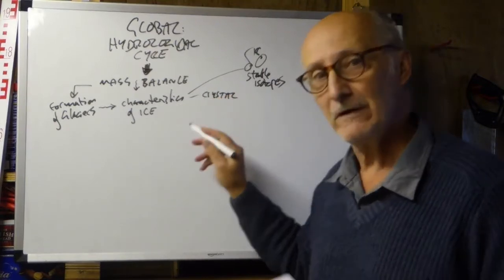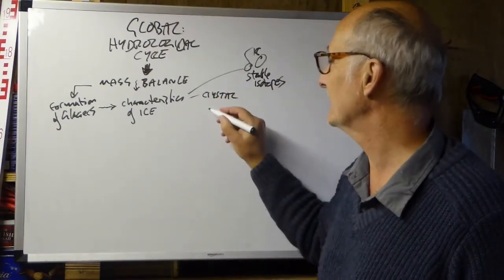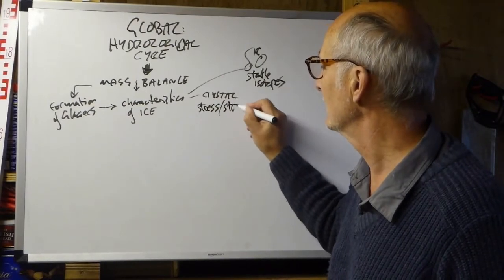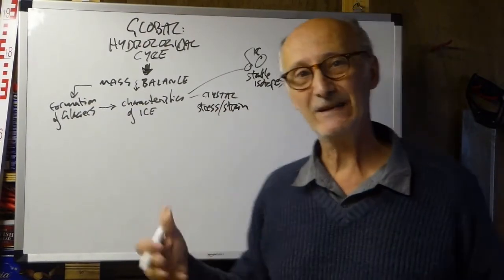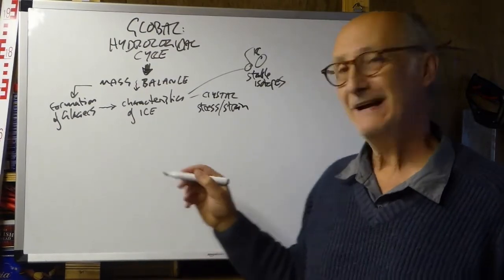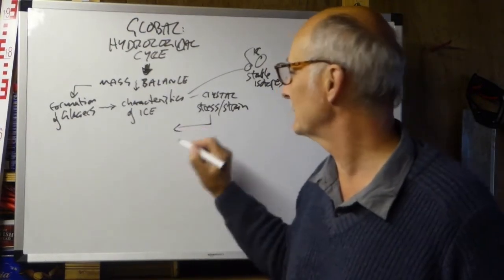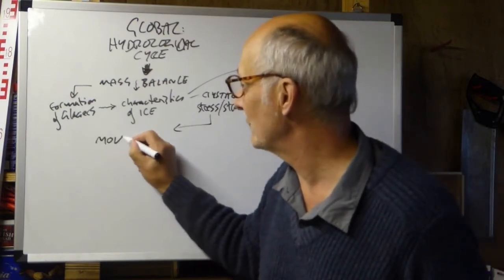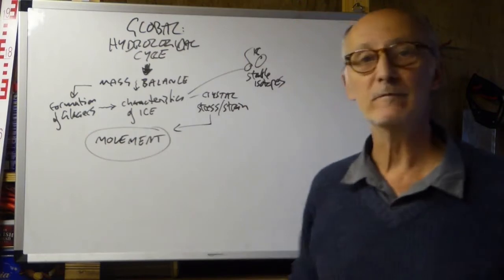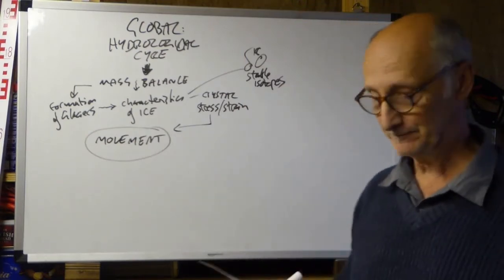Now, when we were looking at the crystal structure, we also said a little bit about the relationship between stress and strain, or the mechanical response, if you like, of ice to an applied stress. And that got us talking in a general way about a really important topic: movement, the movement of glaciers.